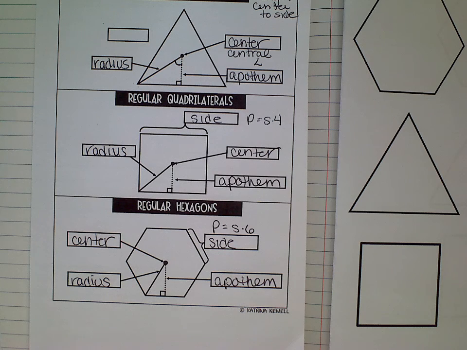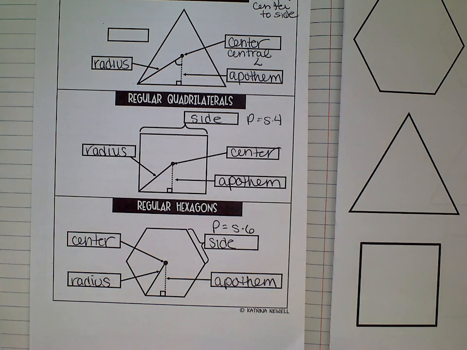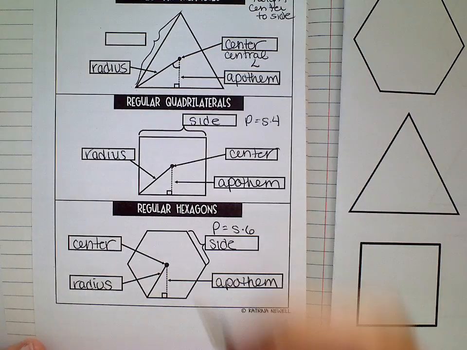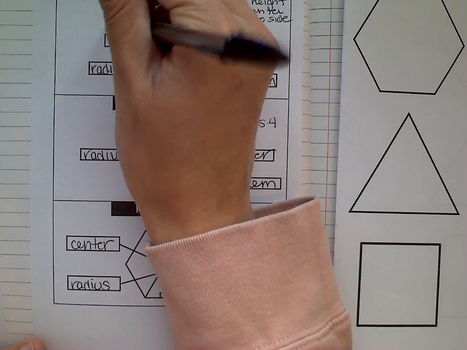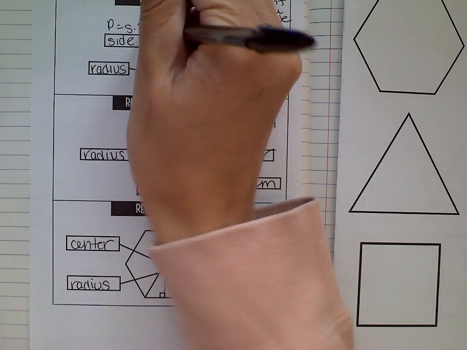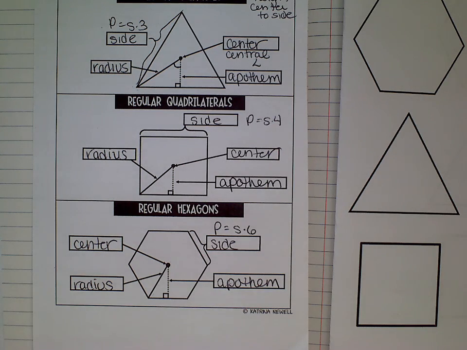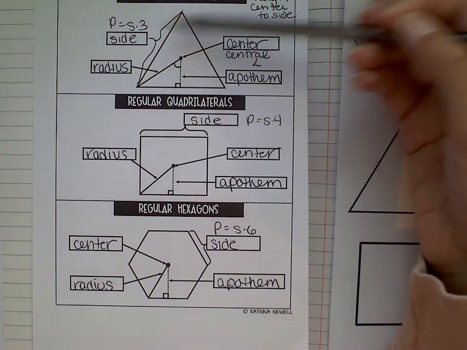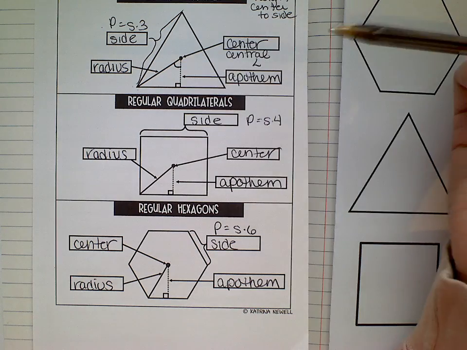And so in general, we can always find the perimeter by doing side times however many sides you have. That's helpful because if I want to find perimeter, we're going to do side times 3 for a regular triangle. Now for a triangle, I have other formulas I could use, like half base times height, but I might use half apothem times perimeter if it's an equilateral triangle and I know the apothem or I know the radius.